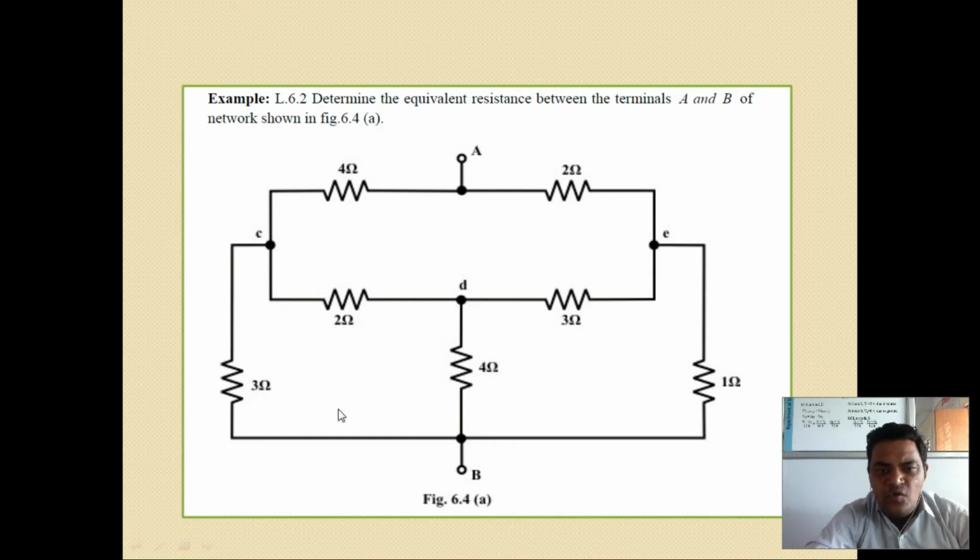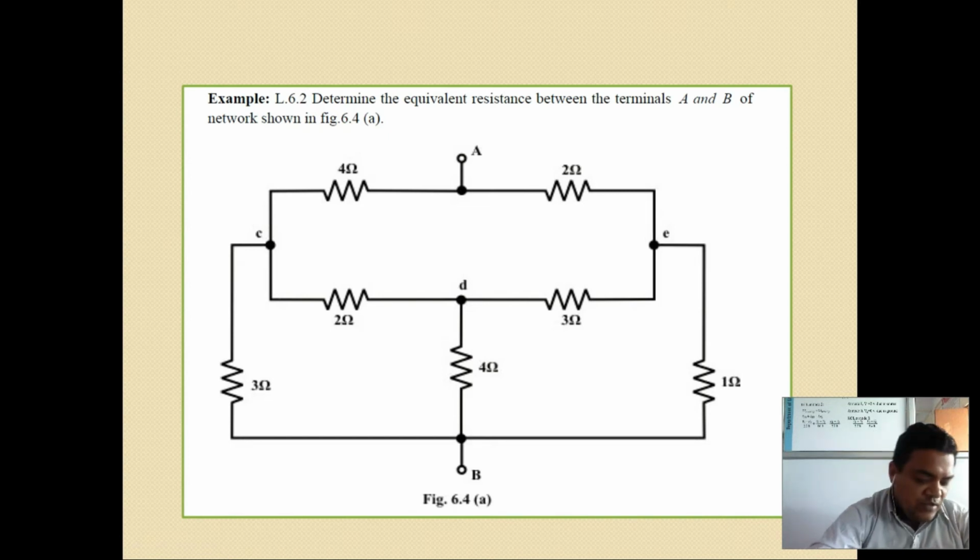The next observation is that between the nodes C, E and B, a T network is formed, with the 2 ohm, 3 ohm and 4 ohm resistances. To calculate the equivalent, we need the T to delta transformation.